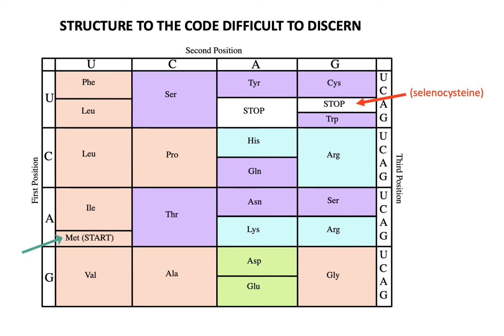And then a start codon at methionine and stop codons over here on the upper right-hand side. And so comparing that with how the amino acids appeared over time, according to their frequencies in ancient proteins, it still is difficult to discern a clear evolutionary picture.